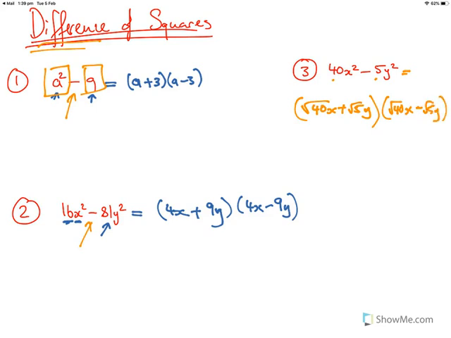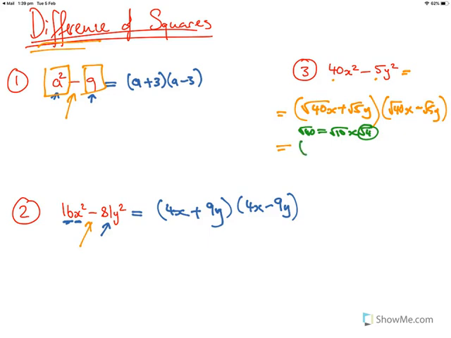Now if you wanted to be even cooler, you can keep going, because the square root of 40 is the same as saying, let's use green, square root of 10 times square root of 4, and we know what the square root of 4 is, don't we? Yeah, it is 2.